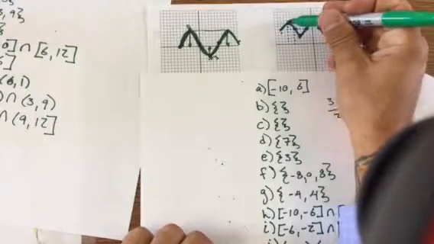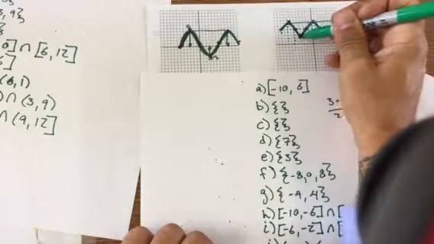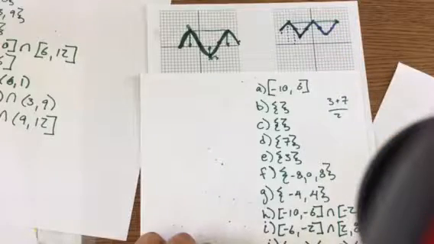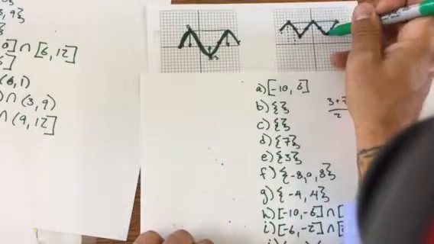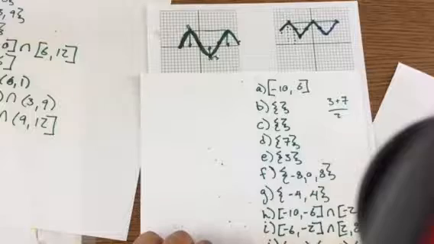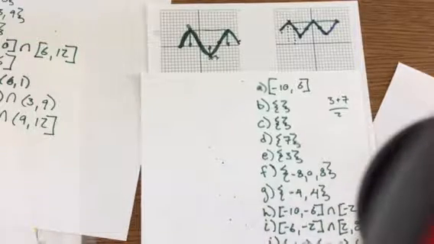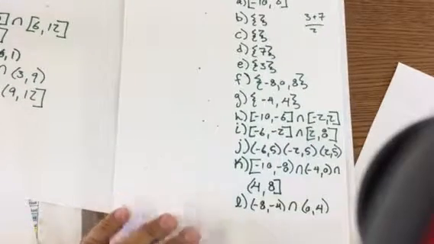Decreasing is going to be negative 8 to negative 4, and 0 to 4. And that's it. Off the screen again. Sorry, guys. There's the rest of it.